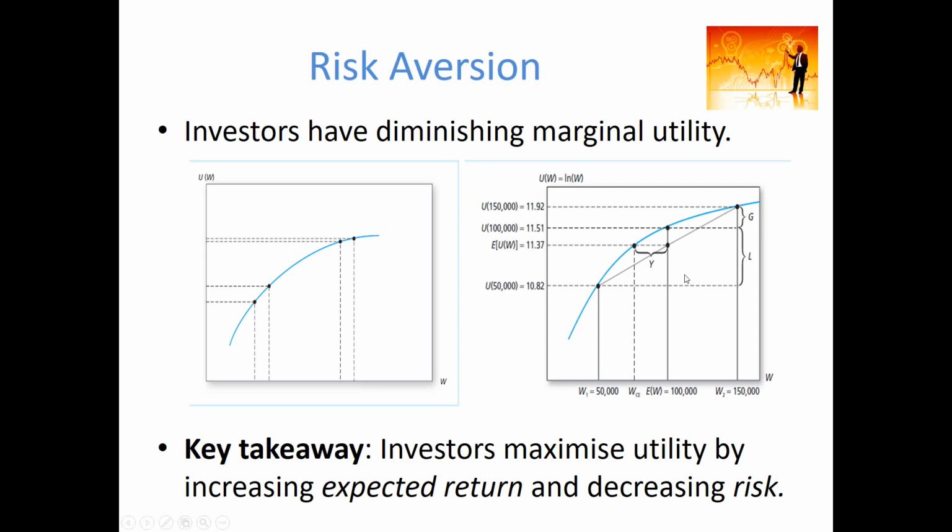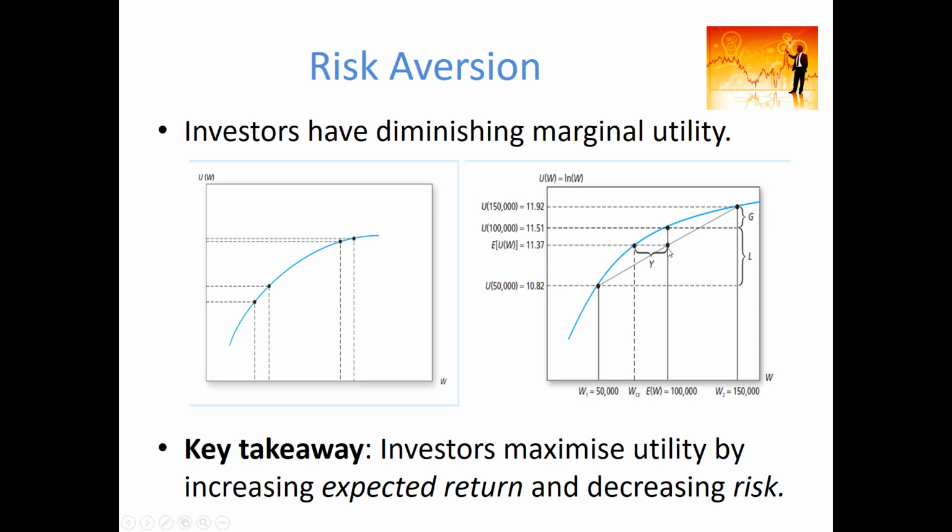Now, what's the implication of this utility theory in terms of wealth? If you look at this diagram, let's say you have an opportunity where you toss a coin and for every head you get 150,000 and for every tail you get 50,000. So the expected value is 100,000.